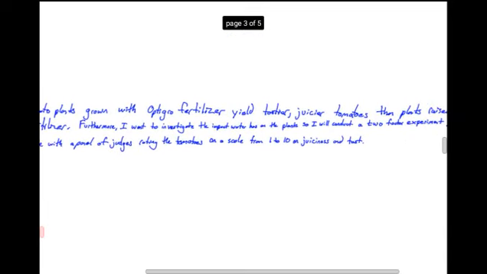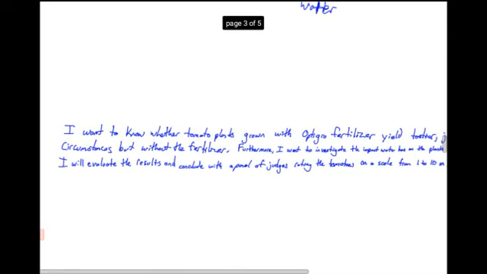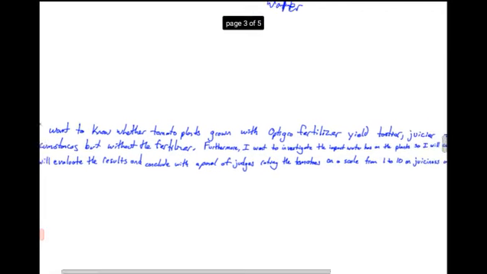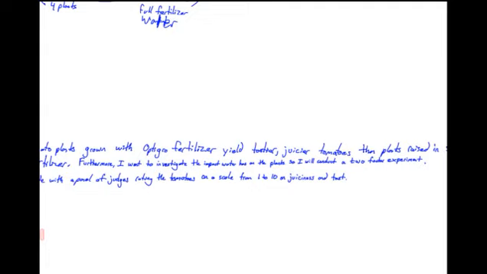Furthermore, I want to investigate the impact water has on the plants, so I will conduct a two-factor experiment. I will evaluate the results and conclude with a panel of judges rating the tomatoes on a scale from 1 to 10 on juiciness and taste.